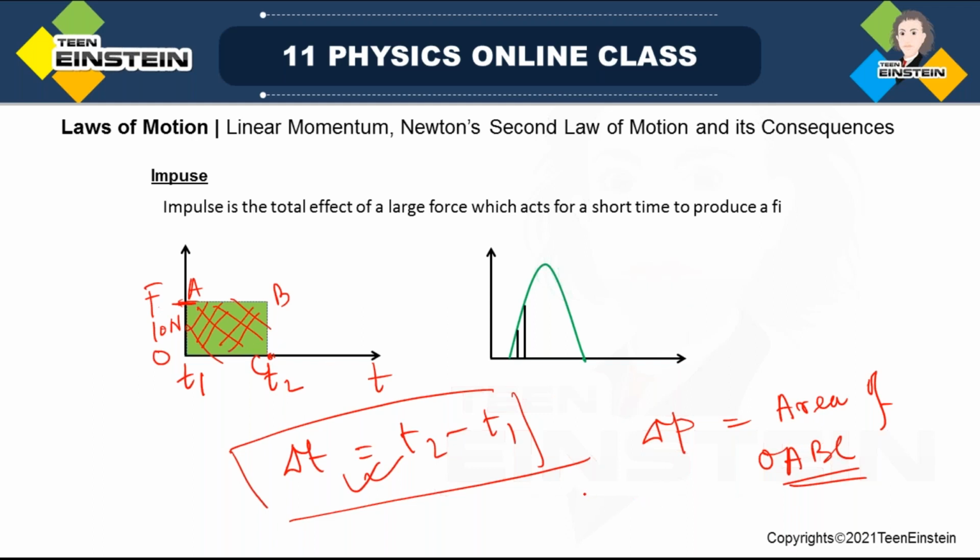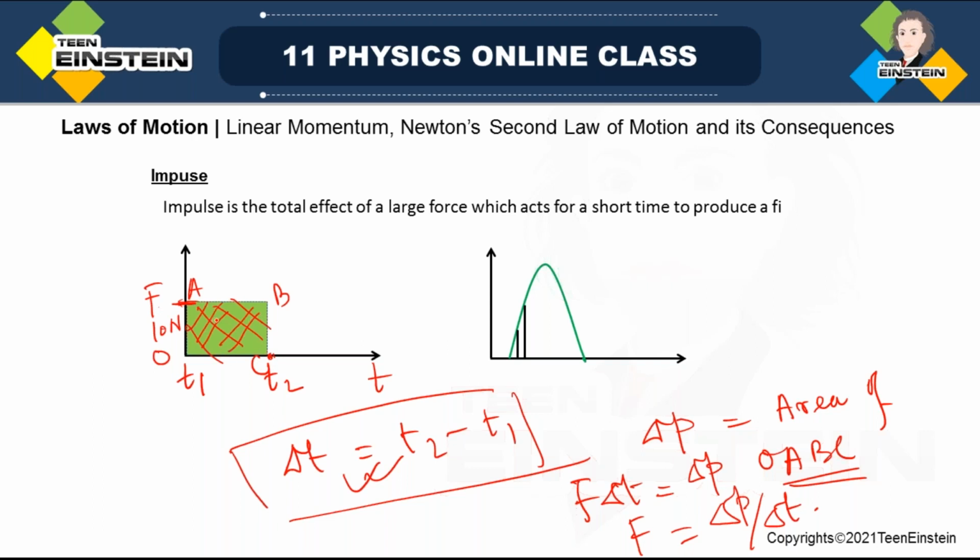So we know that F into delta t is equal to delta p. If you know the time interval, then it is very easy to get the force, the amount of the impulsive force. Or if the force and time interval are given, then it is easy to get the impulse.